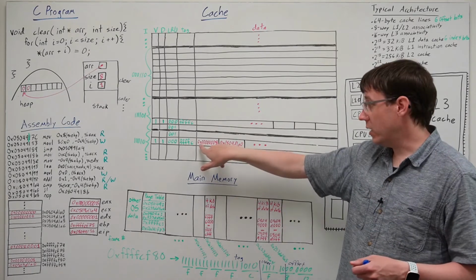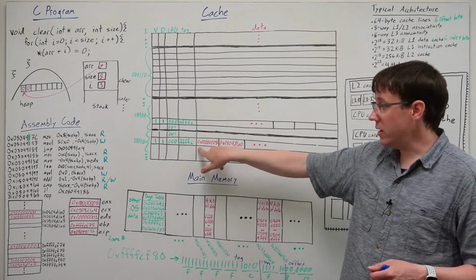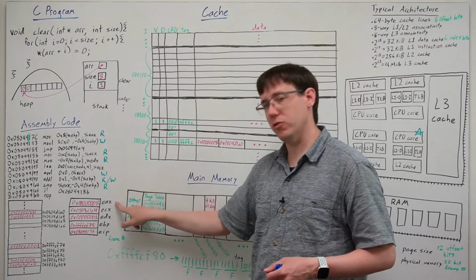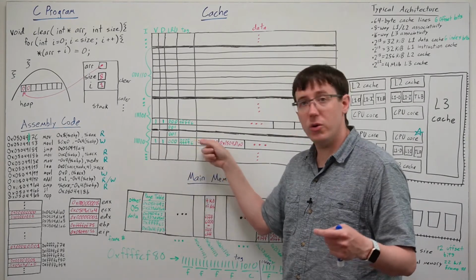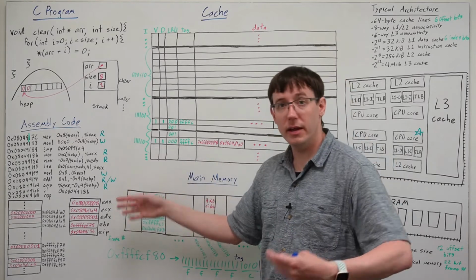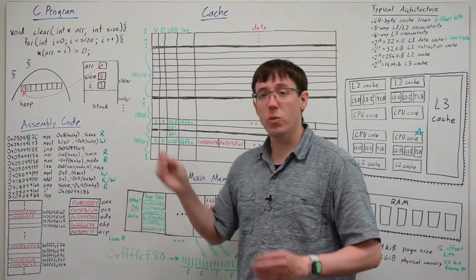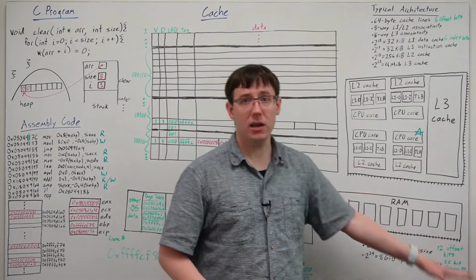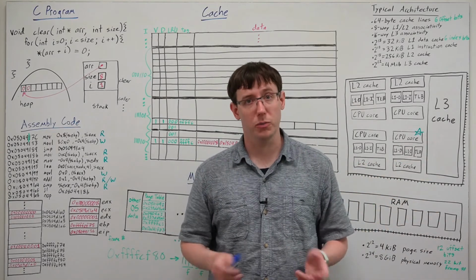And so we retrieve this value 8 into the EAX register. We found our data in the level 1 cache, and so we have a cache hit, and the program proceeds without having to wait for any of the lower levels of the hierarchy to respond.